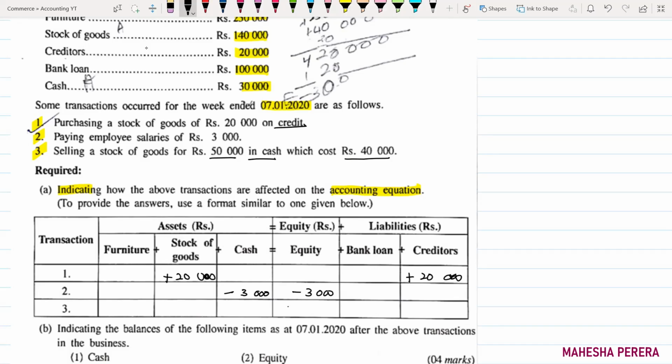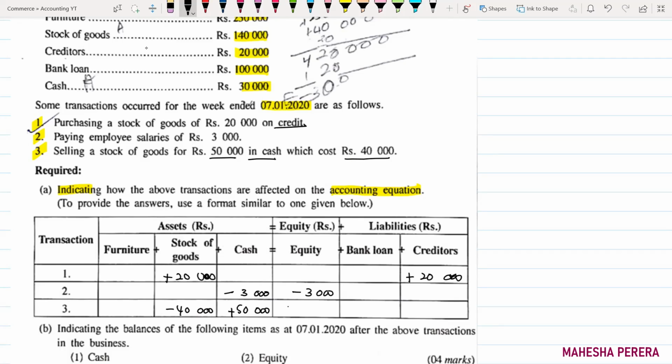So this is a transaction where a profit is incurred. So how to write the impacts of this transaction? You need to decrease the value of stock by 40,000, and this is a cash sale. So in that case, you need to increase the cash value by 50,000 rupees.